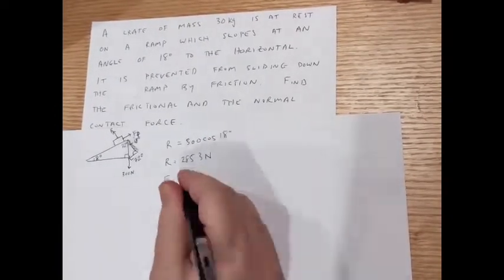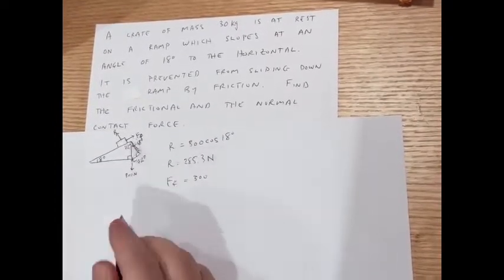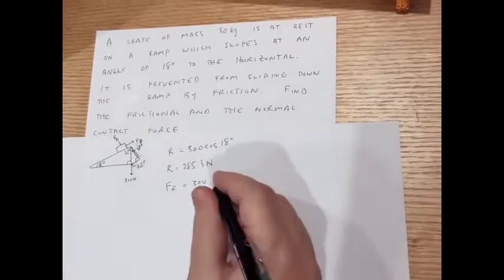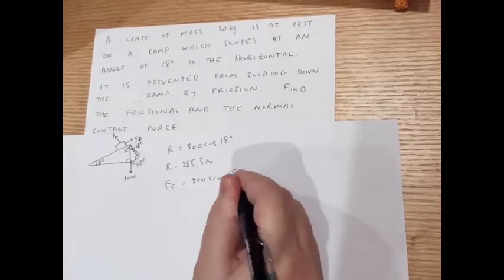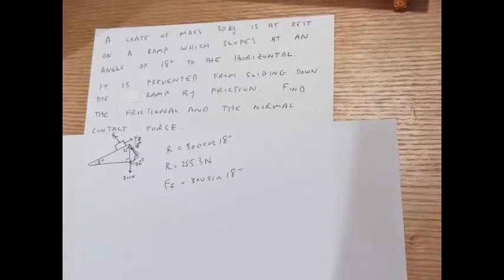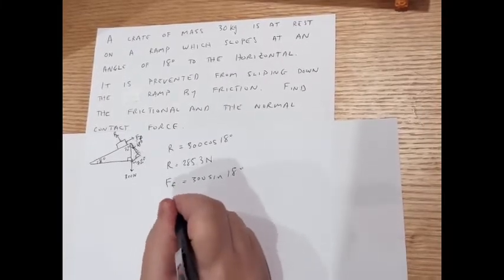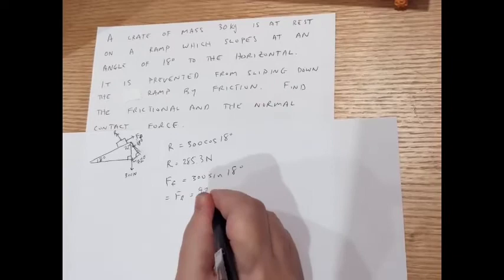So we can say is equal to 300. And how do we want to get to this side? We want to use the sine. So we're going to use sine of 18. And we're going to get 92.7. So the frictional force is equal to 92.7 newtons.